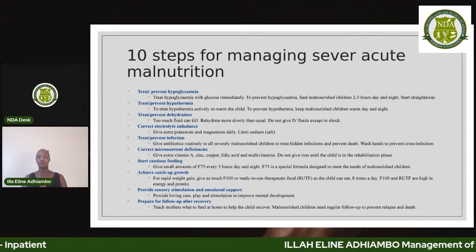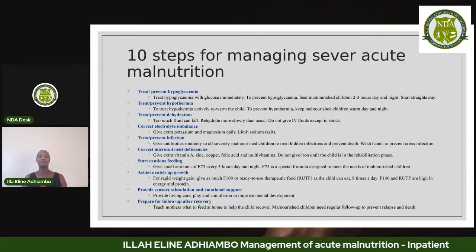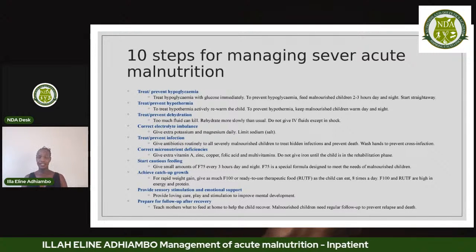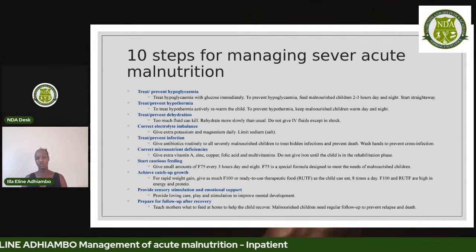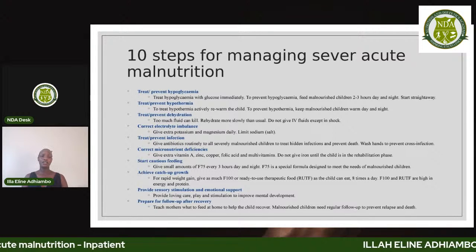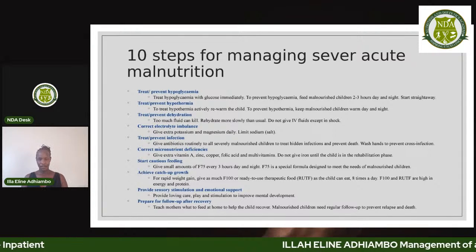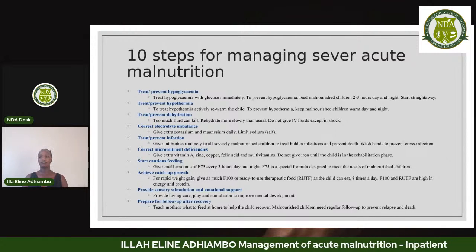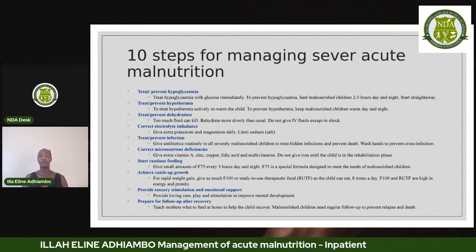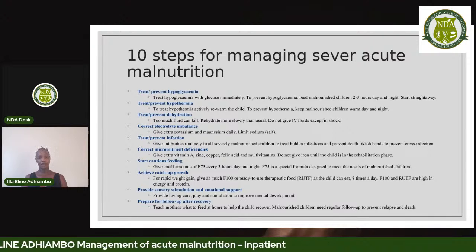And here we have to be very cautious. We are not going to give IV fluids except when the baby is in shock. And we're going to see, is this baby having diarrhea? If this baby is having diarrhea, we're not going to use ORS to treat this diarrhea because of the osmolarity of ORS.